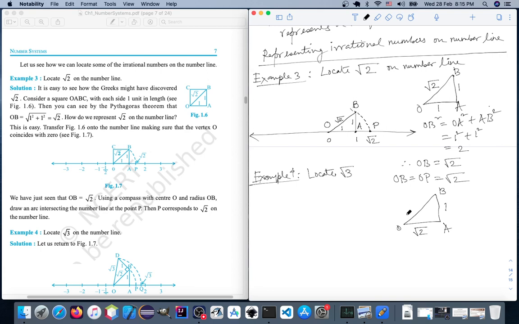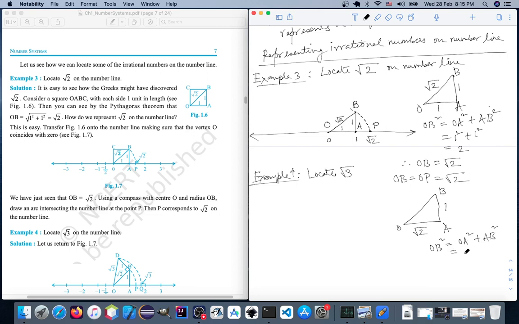If the base is root 2 and the height AB is 1 unit length, then from Pythagoras theorem OB square equals OA square plus AB square.